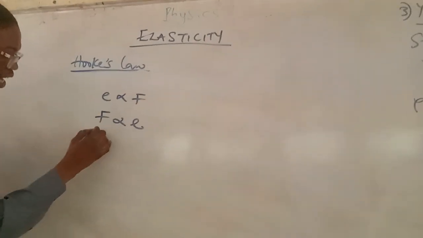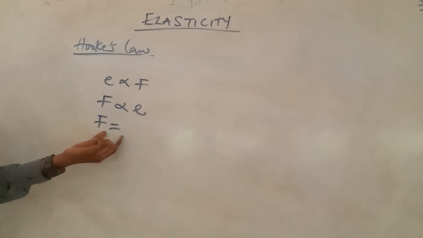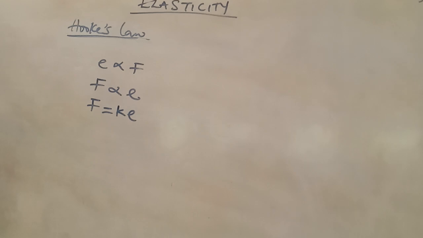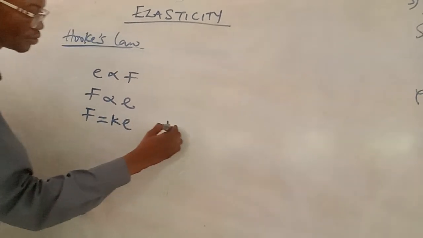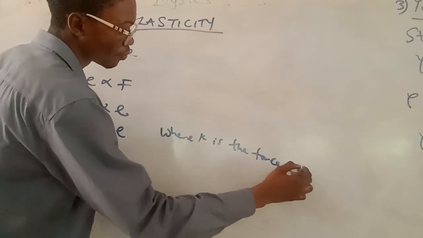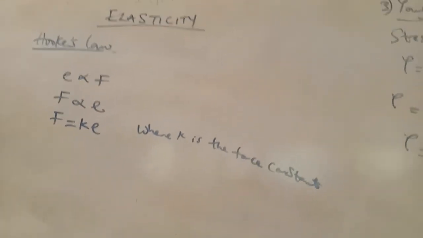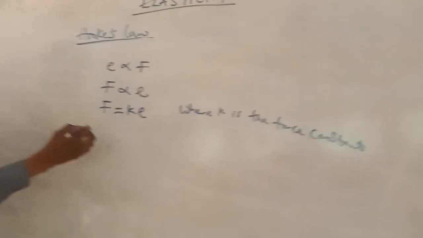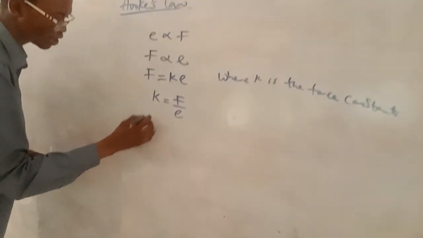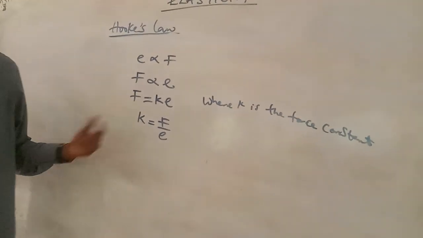Are you getting me? So your F is equal to what? For this variation to turn to an equality sign, we have a constant. We call this K our force constant. So our F equals KE. Now we can have our K equals F over E. So they can ask you what is the SI unit of our force constant.